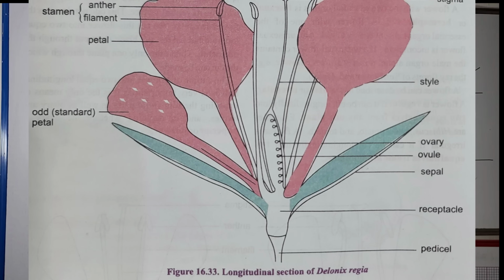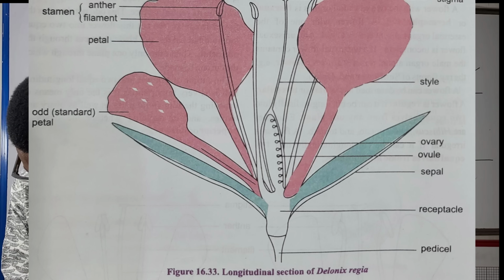When we say the special petal here, the special petal is just the one immediately after the sepal. If you look at that diagram displaying now on the screen, that is what we call the odd or standard petal, and that's what is called the special petal.